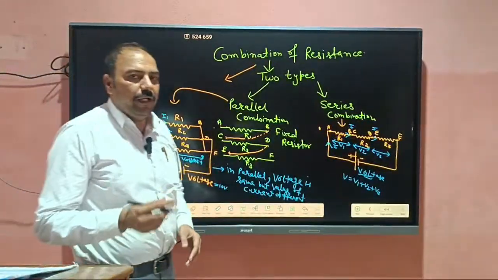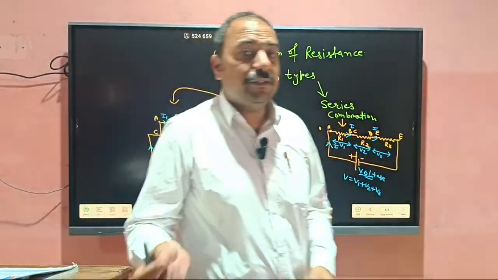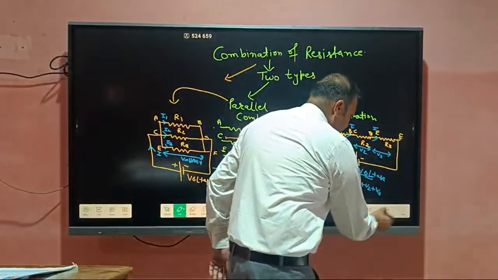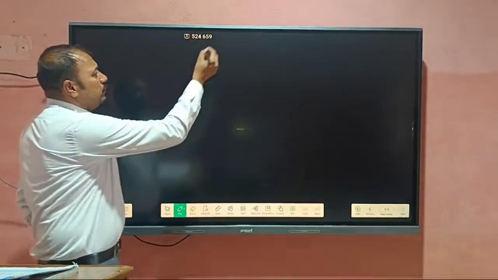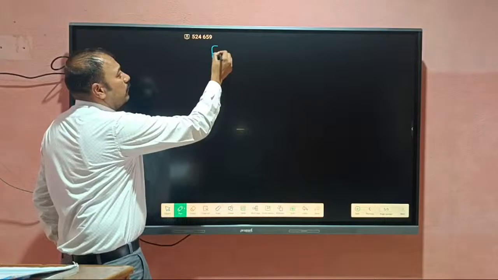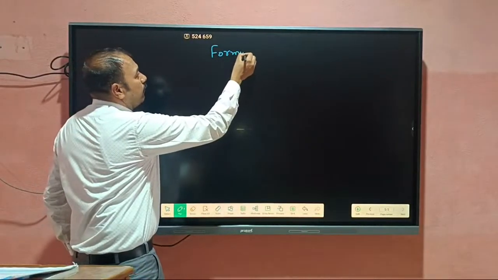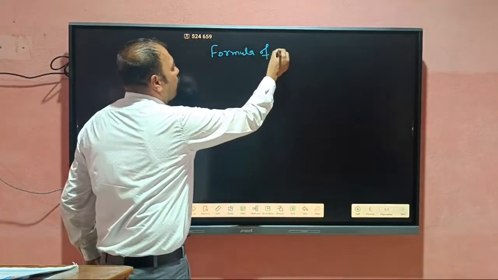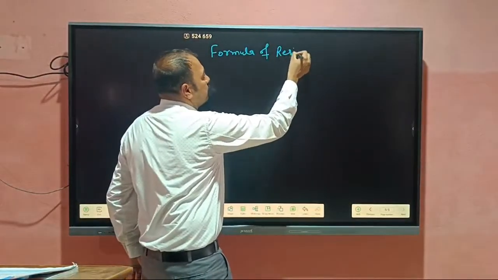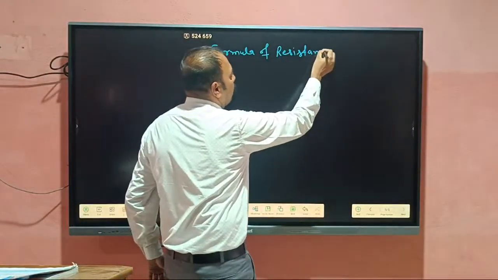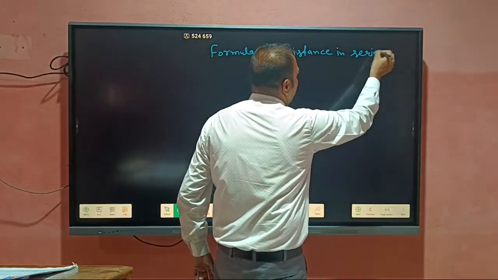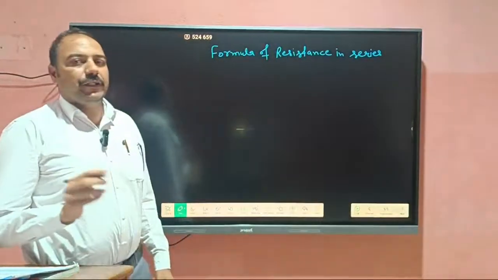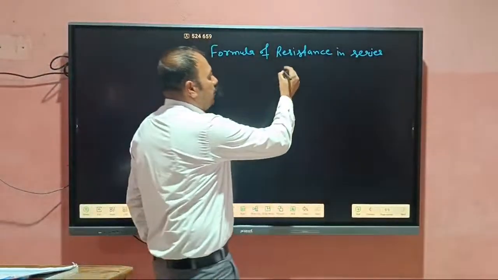So next we derive the formula of resistance in series. First of all we take three resistors which are connected in series.